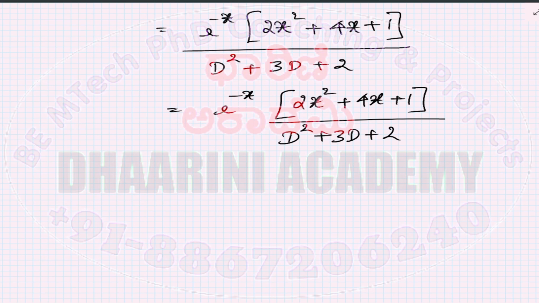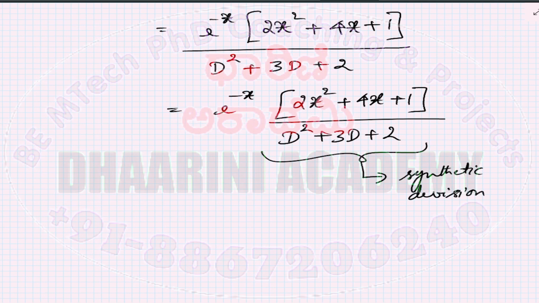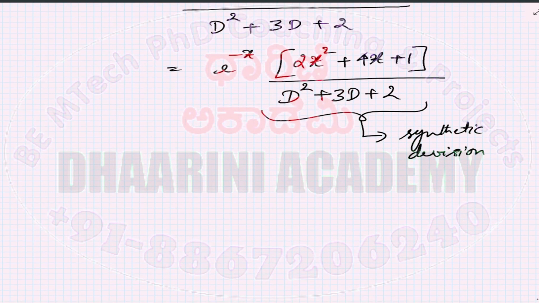We are going to simplify the fractional part by synthetic division. So let's go to the synthetic division first, then the answer will be written after e to the power minus x to get the yp.